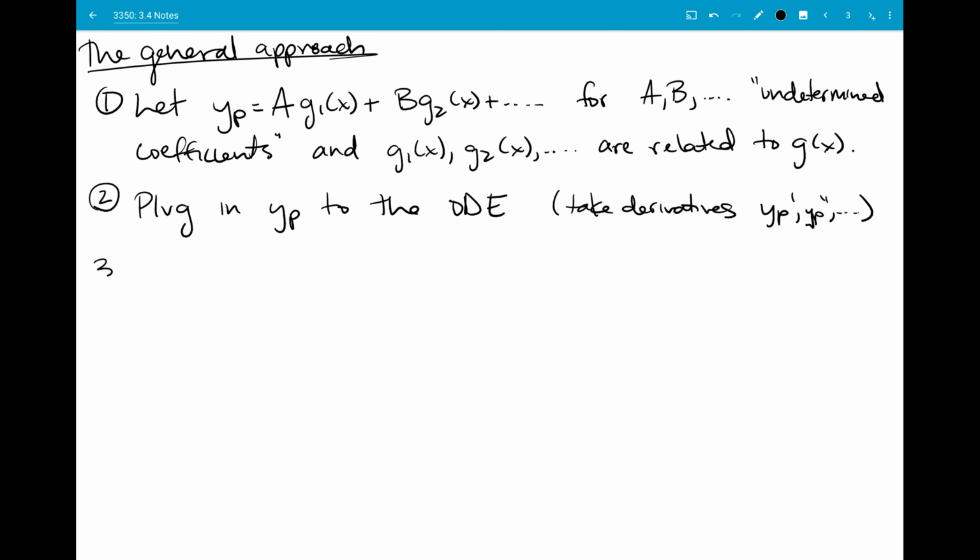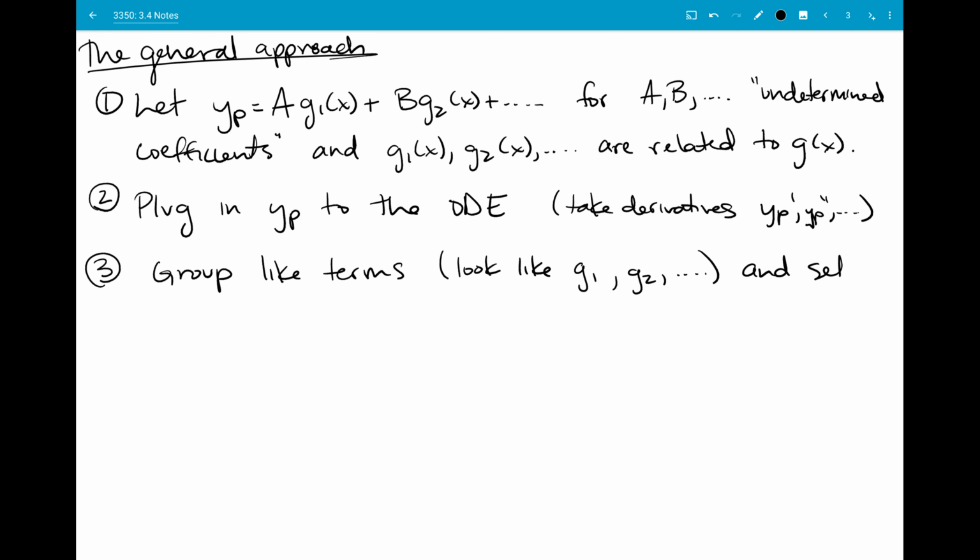After we do that, there's just going to be a little bit of algebraic manipulation where we're going to do something that I call group like terms, which means that they look like the pieces G1, G2, and so on, and then set groups of coefficients equal to each other.